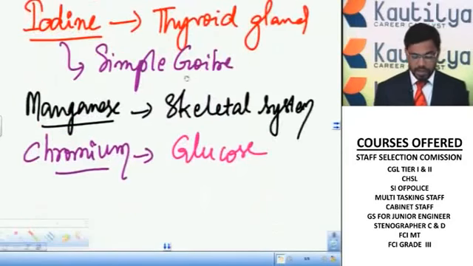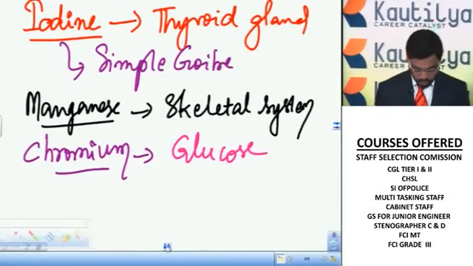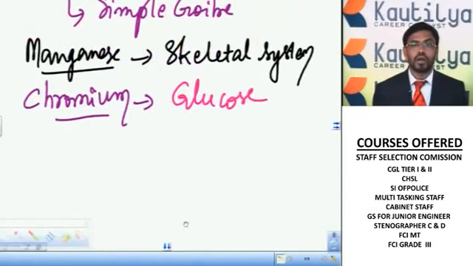Iodine is an essential mineral, which is useful for proper growth and metabolism of the thyroid gland. Deficiency or inadequate amount of iodine causes enlargement of the thyroid gland. This condition is called goiter, simple goiter. And manganese is useful for development of the skeletal system. And chromium is useful for uptake of glucose.